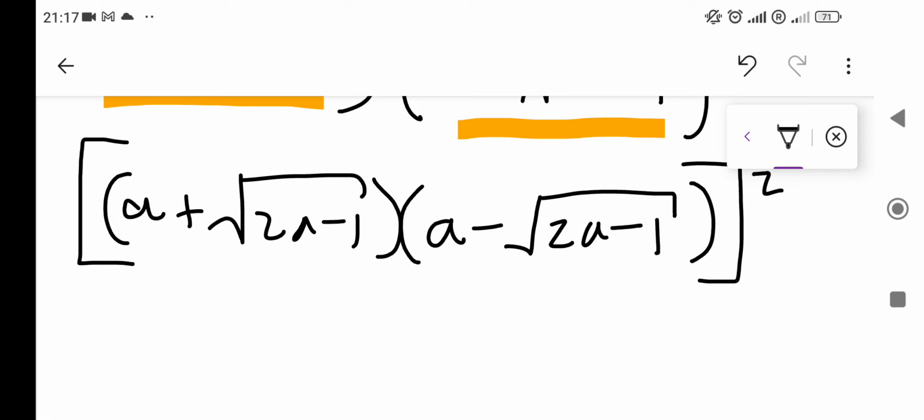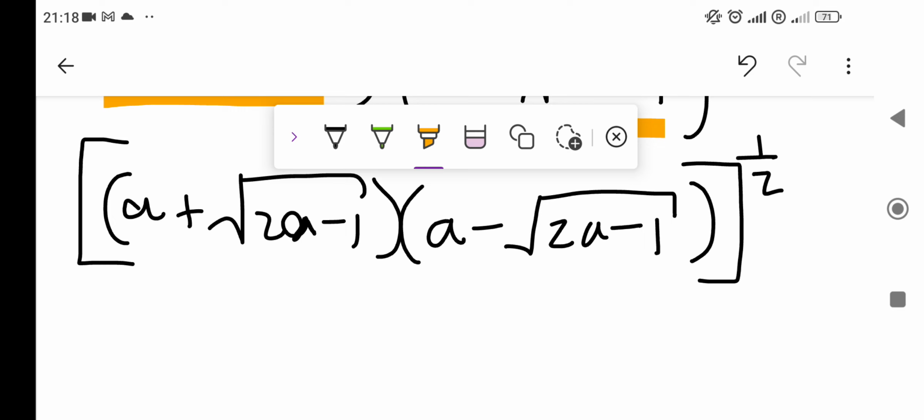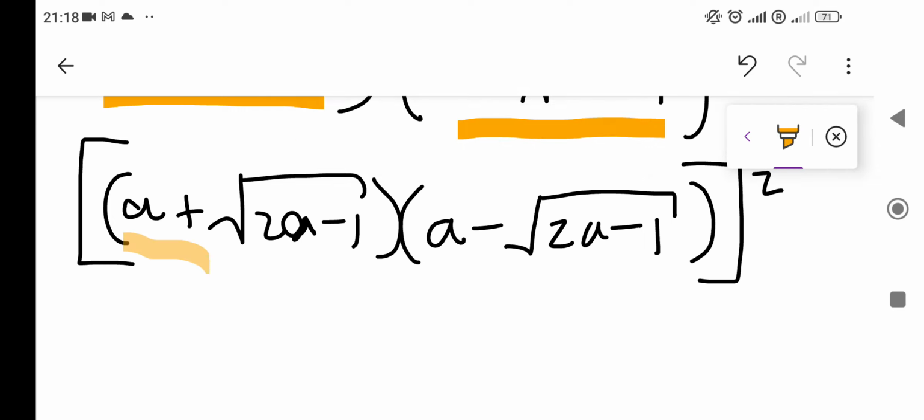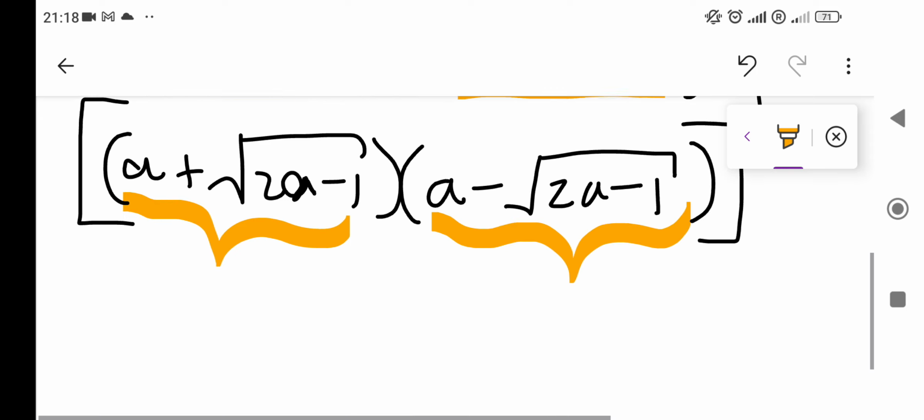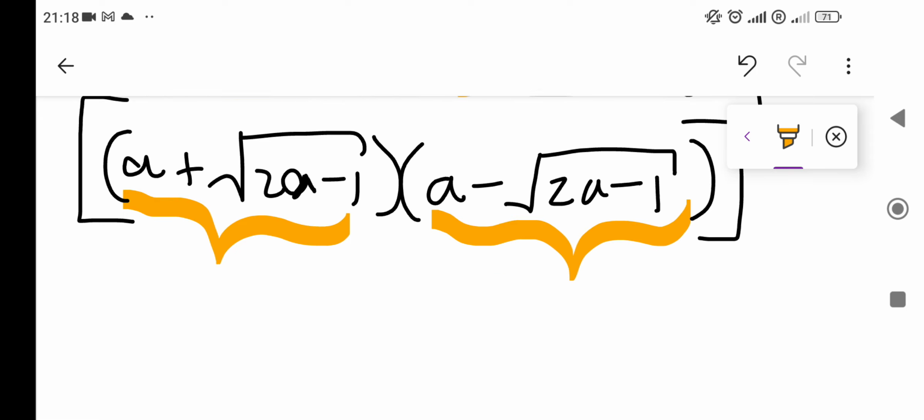Why does that help? Because now, when we look inside this bracket and inside this bracket, what do you notice? Hopefully you notice that your values are the same, but the sign in the middle is different. That rings a bell. That looks like a difference of two squares. So if you want to multiply everything out, go ahead.